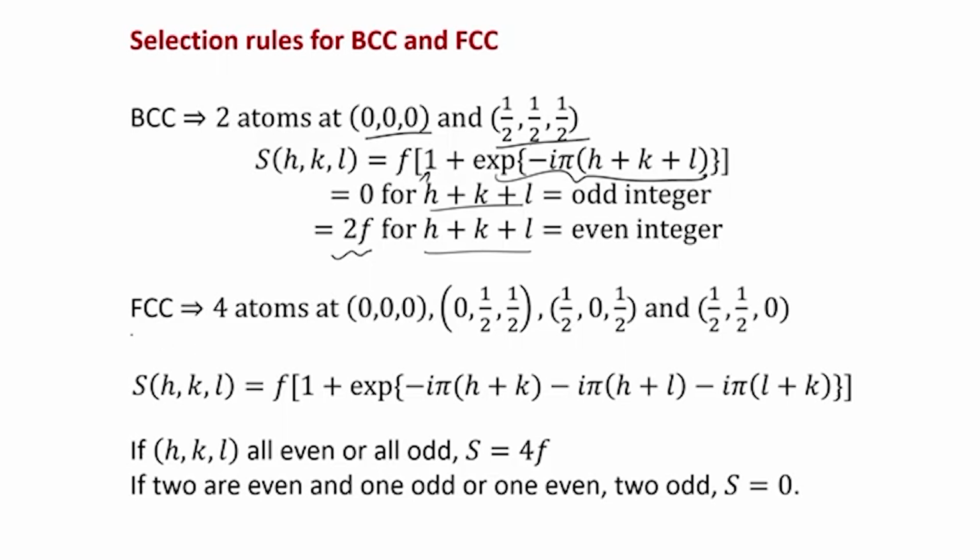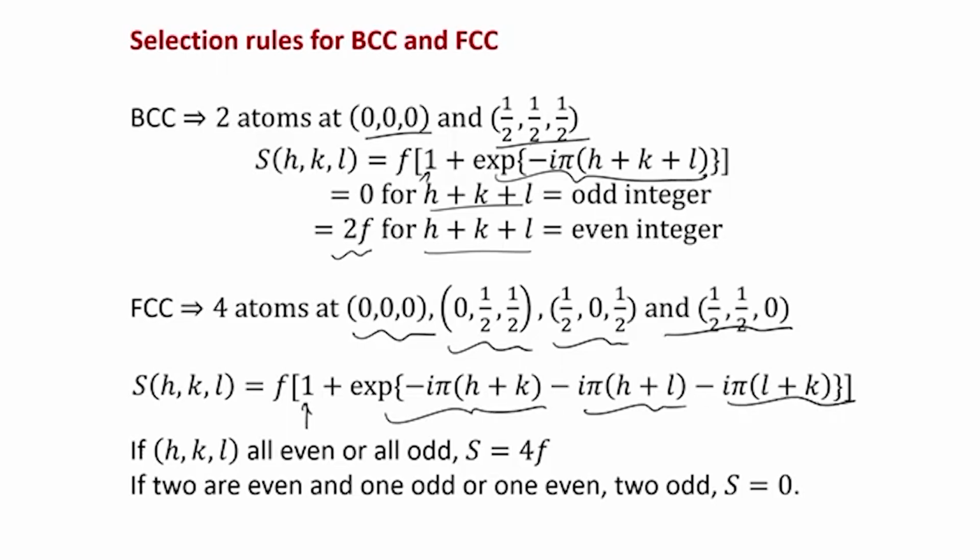Similarly, if we talk about an FCC lattice, which has 4 atoms, 1 at the origin and 3 more at the coordinates 0 half half, half 0 half and half half 0. If we put that in, we get a 1 for the 0 0 0, and then each one of the others will give rise to one term.